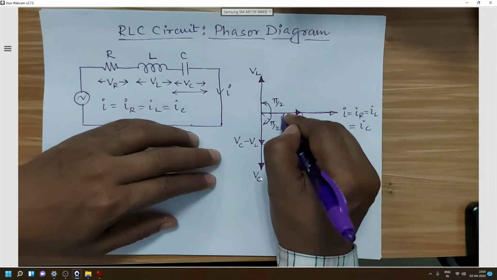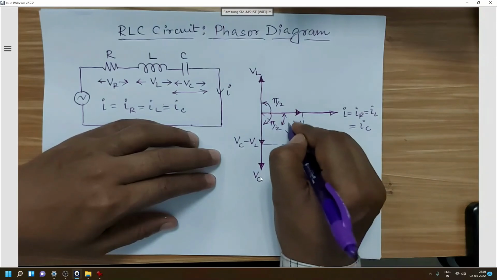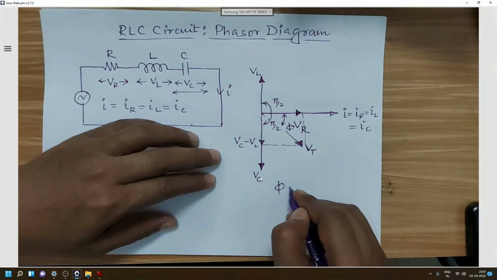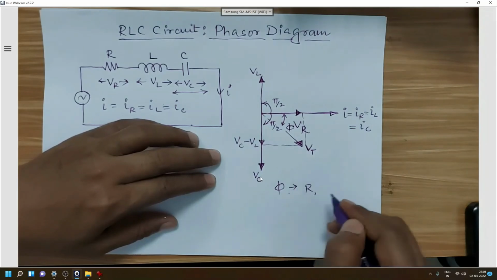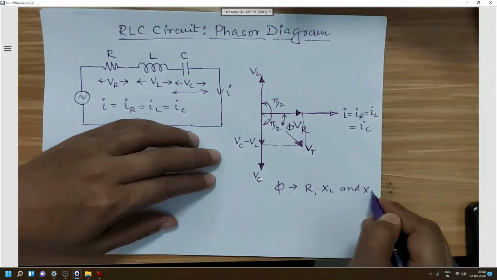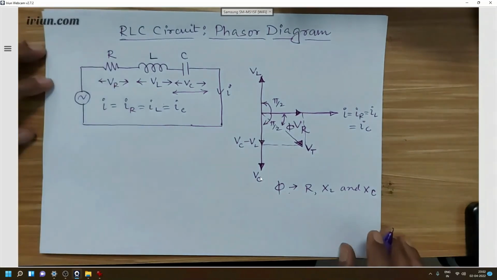And the phase angle between this I and VT will be the phase angle. So this phi will depend on R, XL and XC as we have explained earlier.